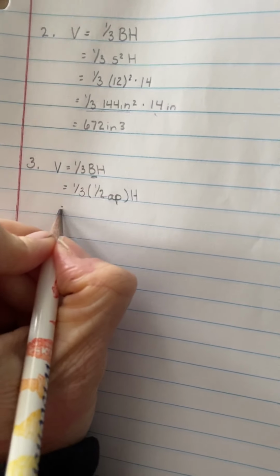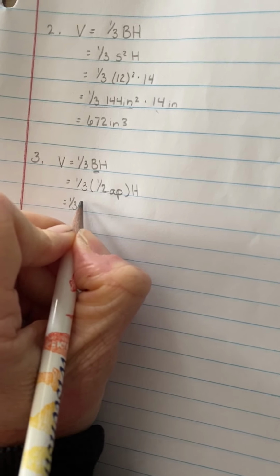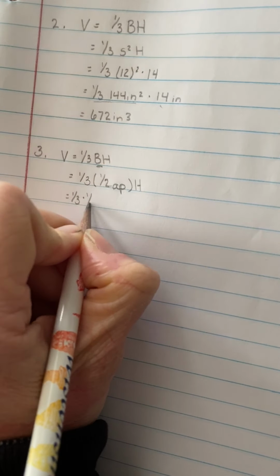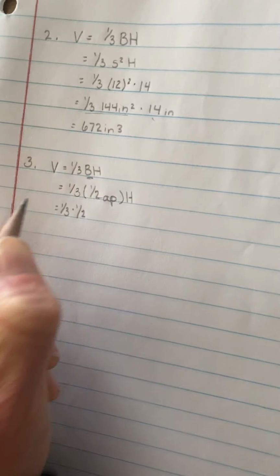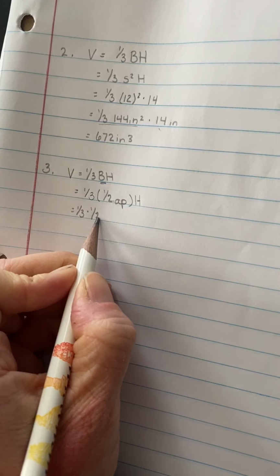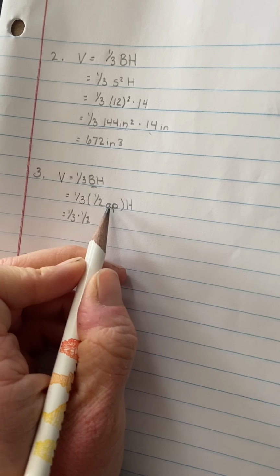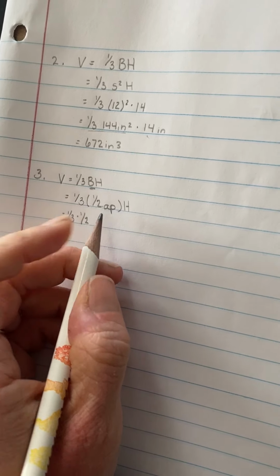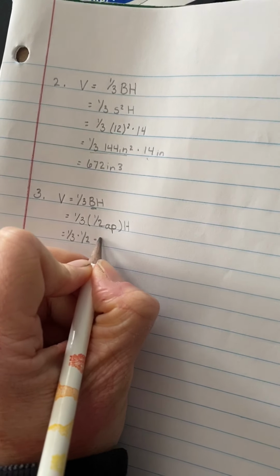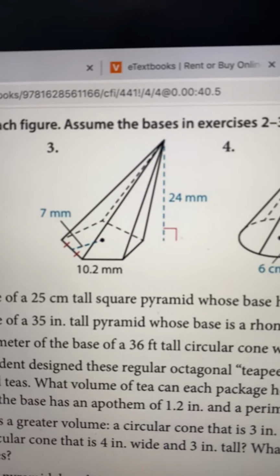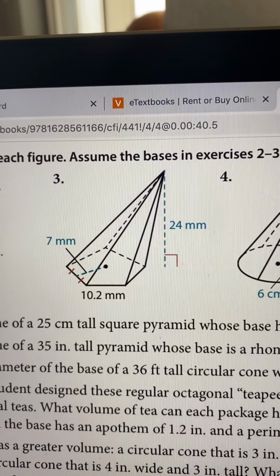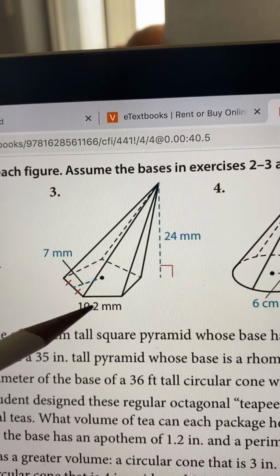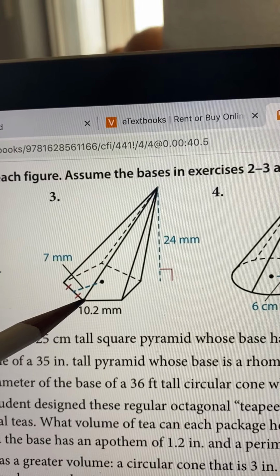So let's plug in our values. 1/3 times 1/2, and again, if you wanted to, you could write 1/6, because 3 times 2 is 6. Now we have to look at our figure. Our apothem, they tell us in the figure, is 7. Perimeter is going to be the distance around this whole thing.